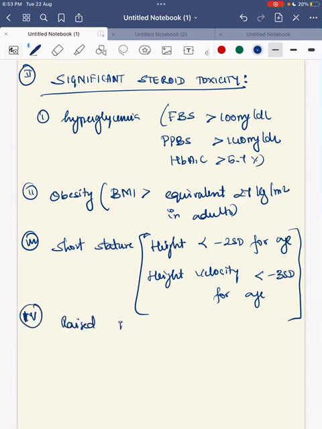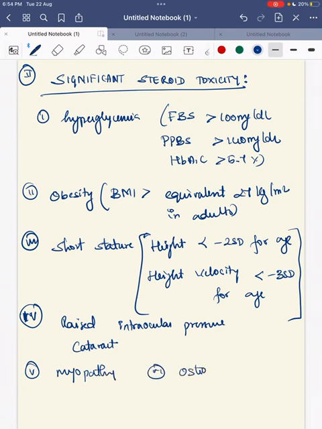Fourth is raised intraocular pressure. Next is cataract. Fifth one is myopathy. Sixth is osteonecrosis. Seventh is psychosis.